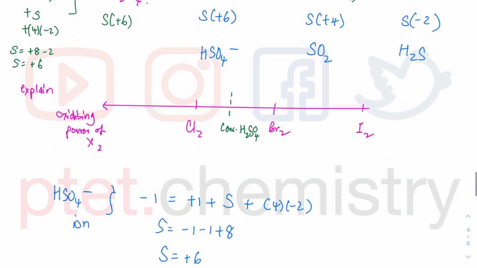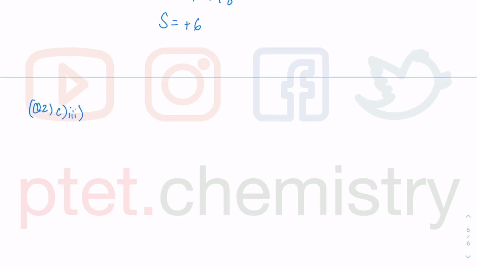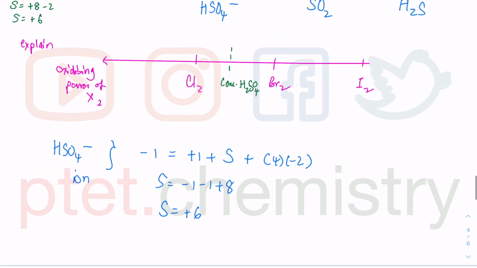In terms of the products, they don't specify chloride or bromide or iodide, they don't specify anything, so I have to be general and explain for the whole thing: chlorine, bromine and iodine. That's how you interpret this kind of question.